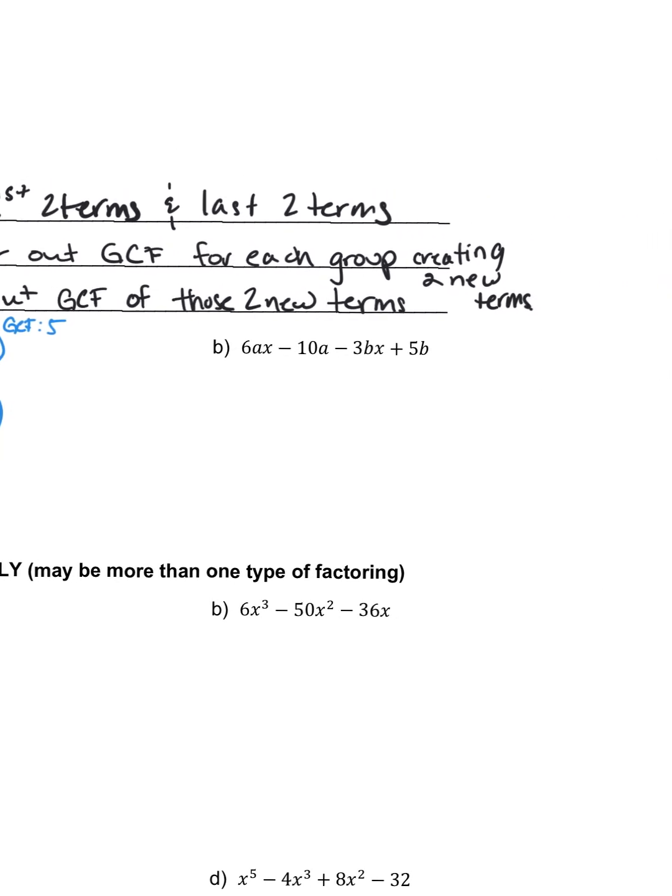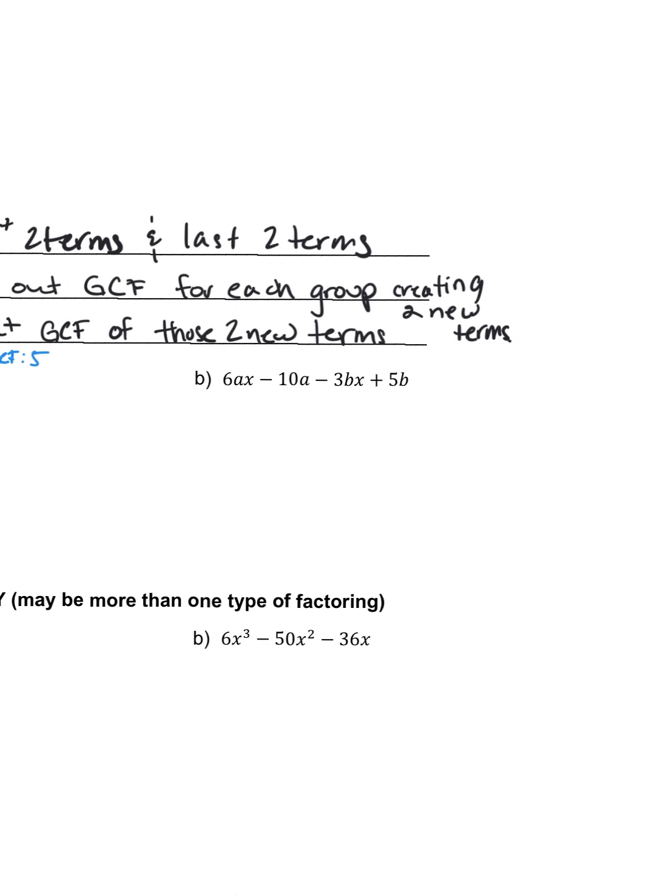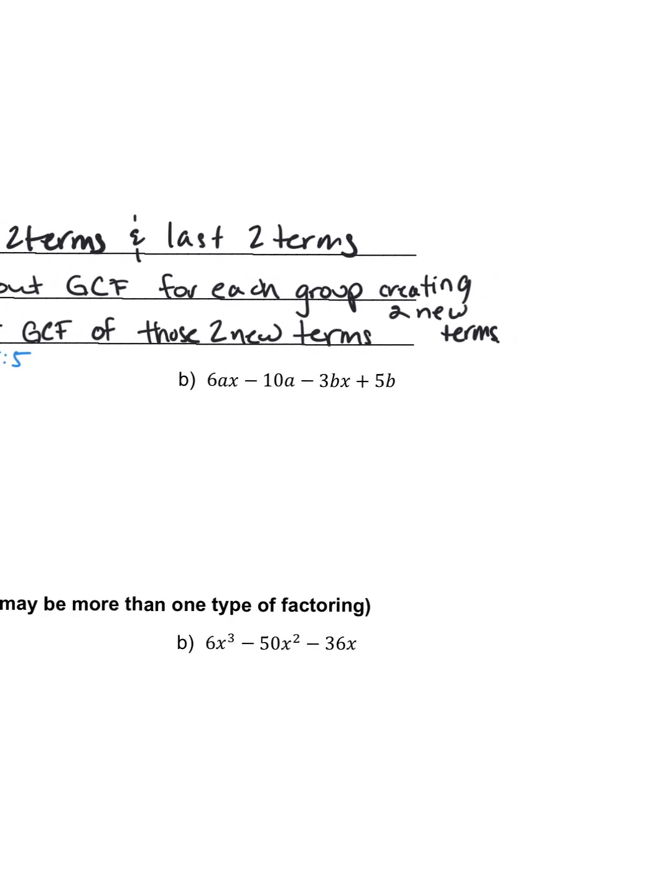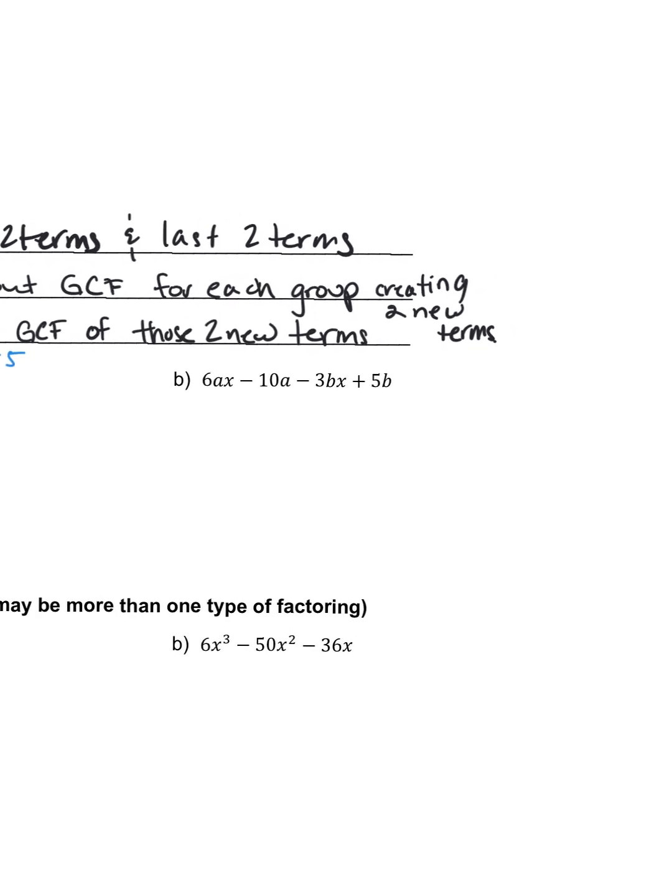All right, let's try the next one. Same thing, you group the first 2. I'm going to use a little bit different way of doing it besides parentheses. I'm going to look at these 2 together, and these 2 together. The first one, I see that I have in common a 2 and an a, between the 6 and the 10, so my GCF is 2a.